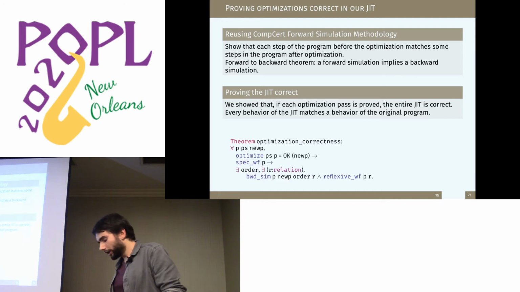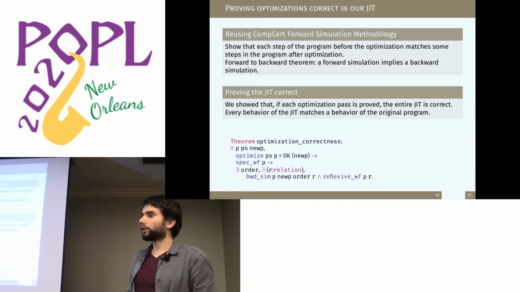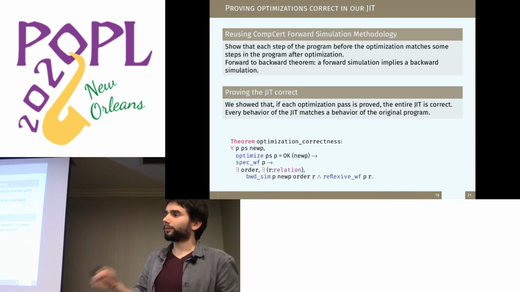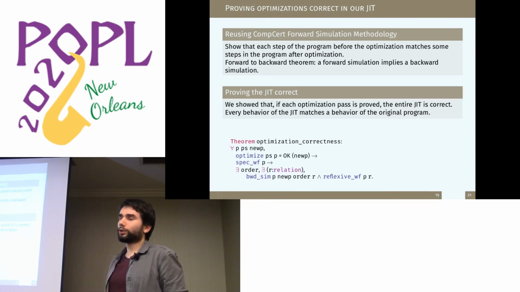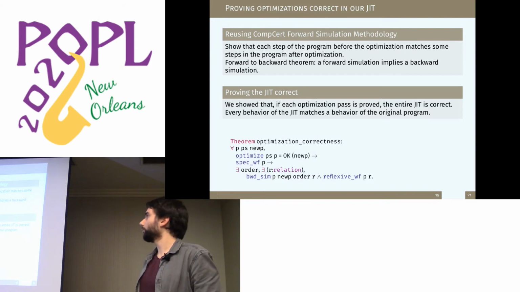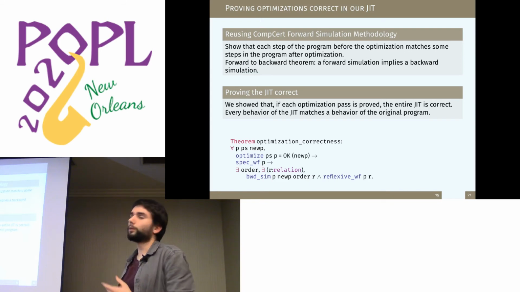So a forward simulation is kind of like a backward simulation, but in the other direction, where you reason about behaviors of your source program and deduce behaviors of your compiled programs. And there is a useful theorem in CompCert that says that under certain hypotheses, if you have a forward simulation, you also have a backward simulation. And this is usually a bit easier to prove. So this is what we want to reuse.